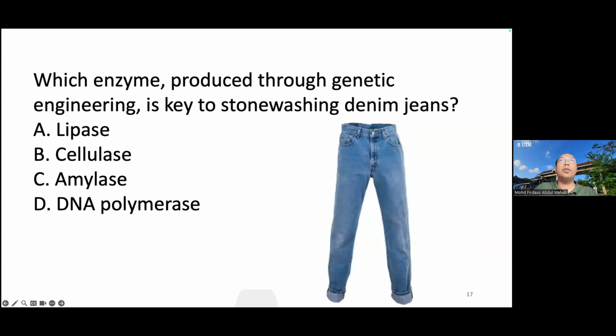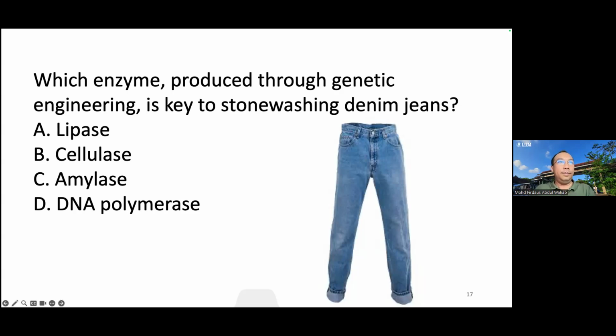Which enzyme produced through genetic engineering is key to stone washing denim jeans? Is it lipase, cellulase, amylase, or DNA polymerase? What's the answer? So Yuda said B. I hope that's the answer for this question. Yeah, Yuda. B. Anyone else wants to say different enzyme?